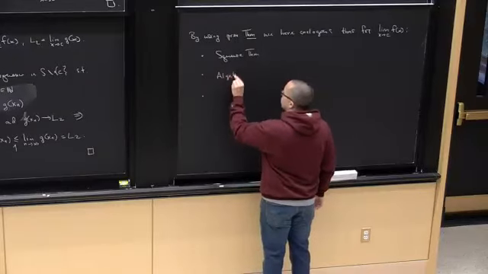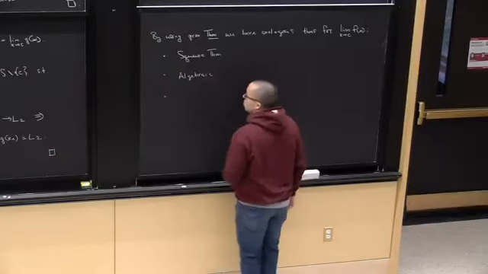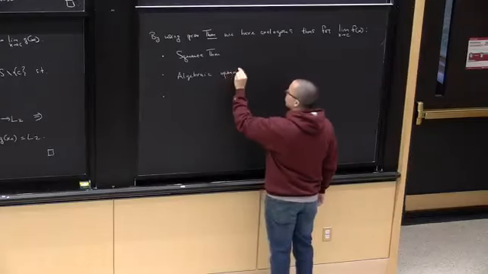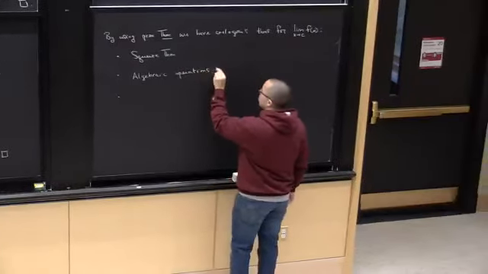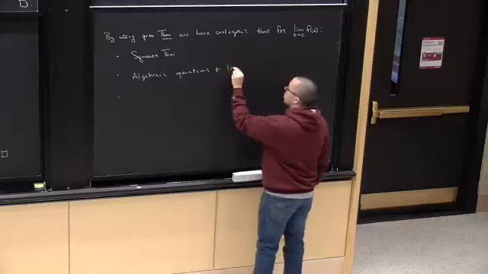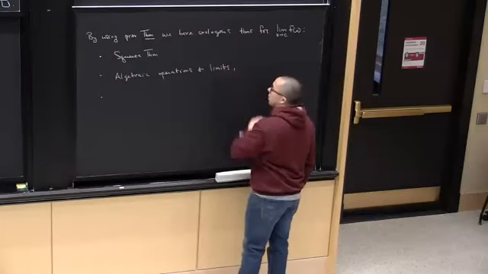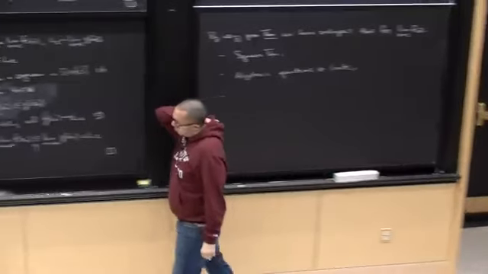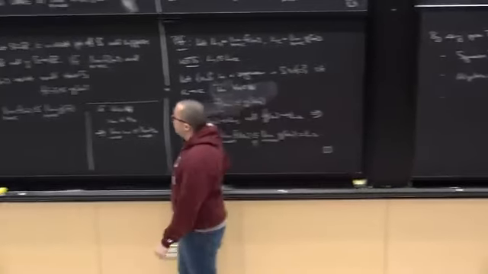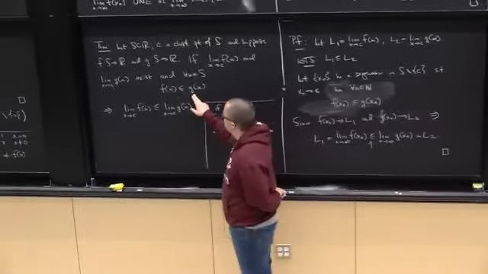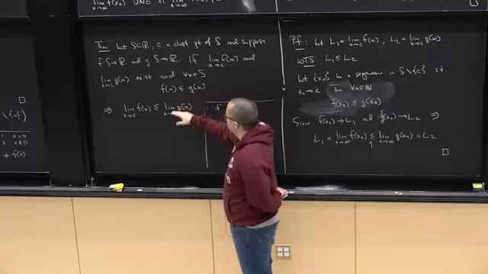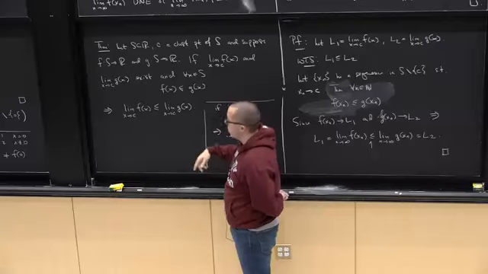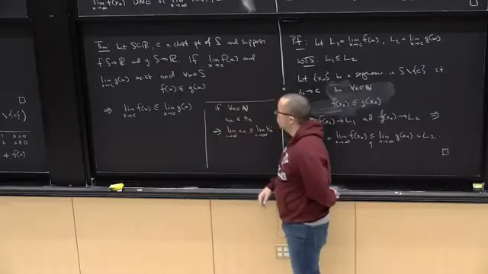You also have theorems about algebraic operations and limits, meaning that if I have two functions that have limits as x goes to c, then f plus g will have a limit as x goes to c, and the limit of the sum is the sum of the limits.